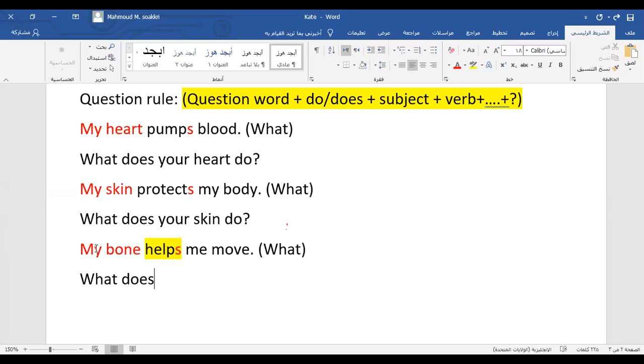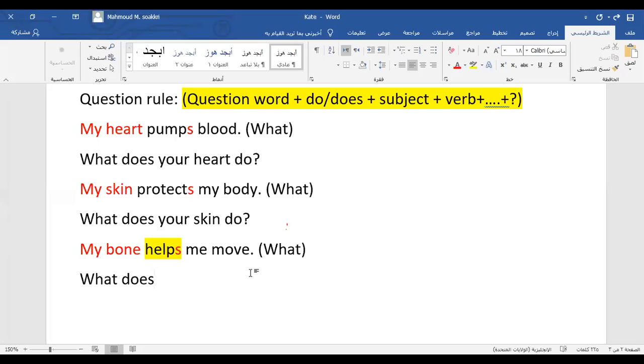Yes. When I ask you a question, I want to ask you about my bone or your bone. You speak about yourself. You say my bone. When I ask you a question, I ask you about my bone or your bone. Your bone.